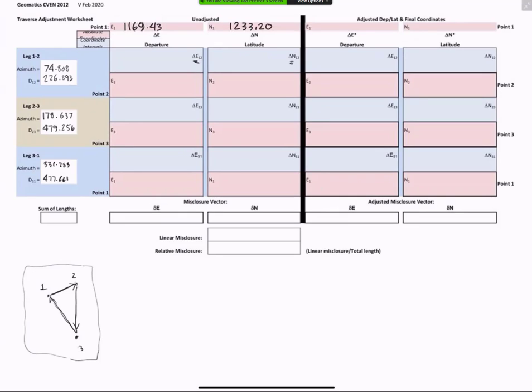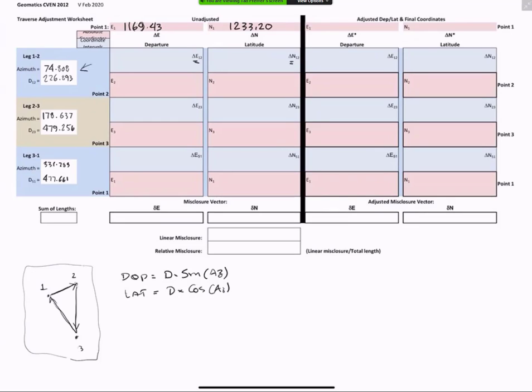And these come about from the departure is going to be equal to the distance times the sine of the azimuth angle for that leg, and the latitude is going to be equal to the distance times the cosine of the azimuth angle. And these are the data that are given to us up here.